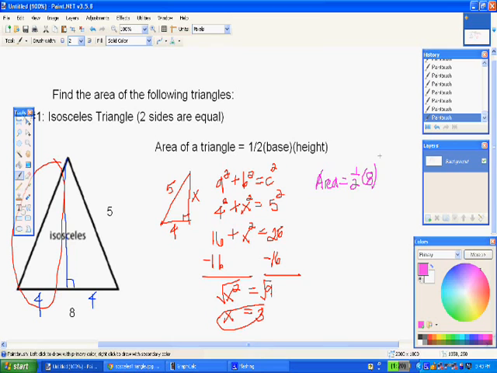And we now found the height of the triangle, which is 3. And so we're going to multiply it by 3. And when you multiply all these things together, you get 12 as your area, or 12 square units. And that's our answer.